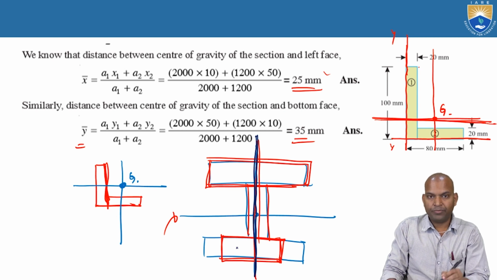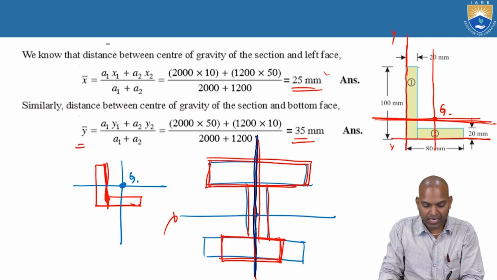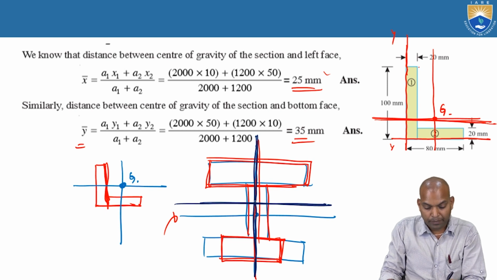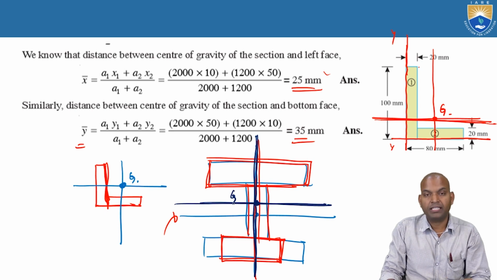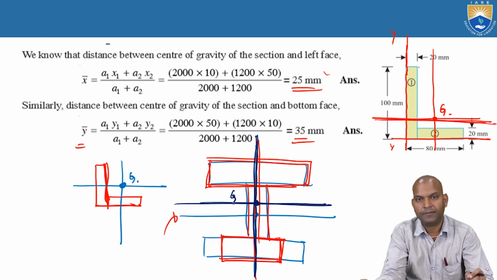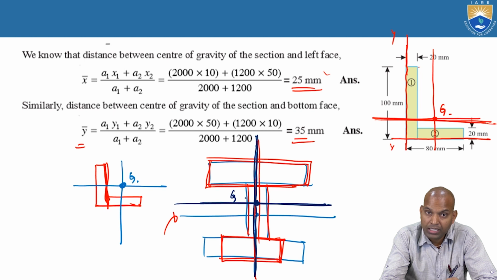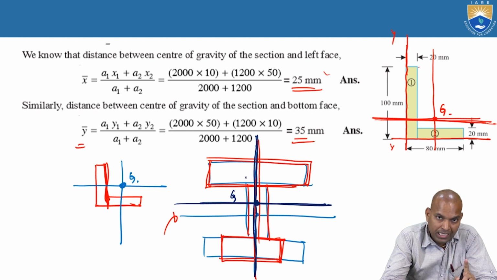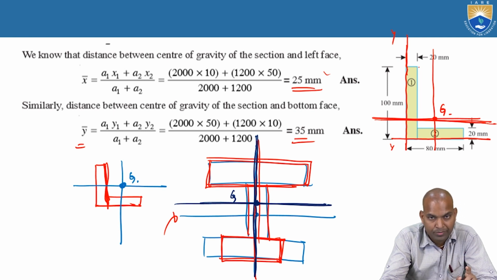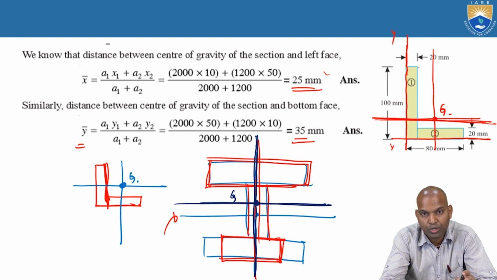So it is on the symmetrical axis, the position may vary either above or below, somewhere else, but the centroid G will be on that axis. If it's for a single line of symmetry or two lines of symmetry, the point of centroid will be on the geometry.